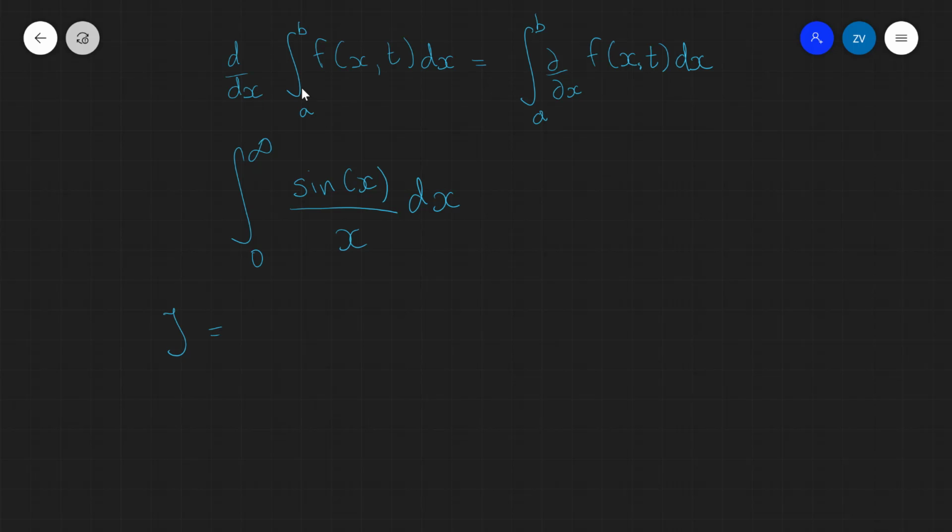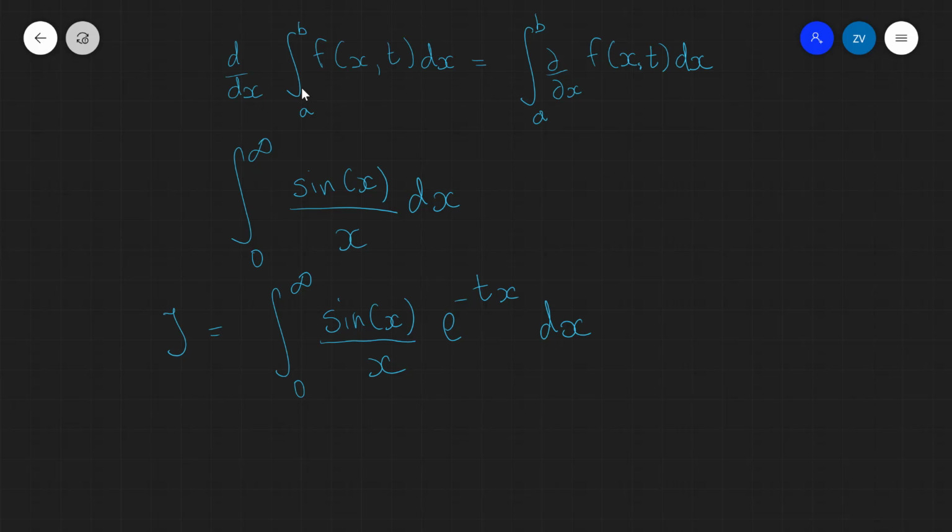So let's say that the function is actually the integral from 0 to infinity of sine of x over x, and that will be then multiplied by e to the minus tx and then dx.